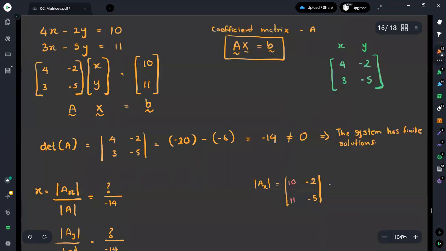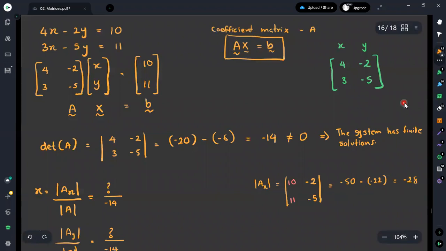Then here we will get 10 times minus 5, minus 50, minus 10 times 11 times minus 2, it is minus 22. Therefore, you will get this as minus 28. It is for the determinant of Ax.